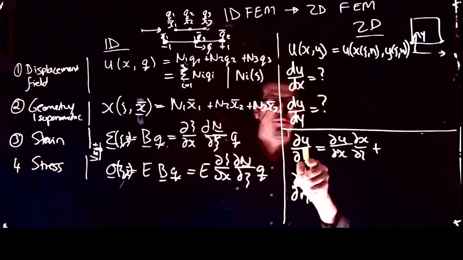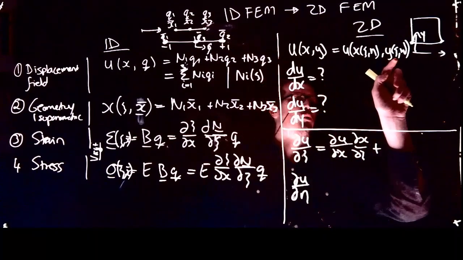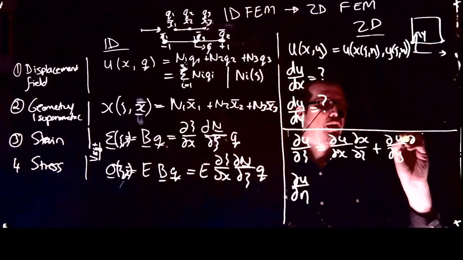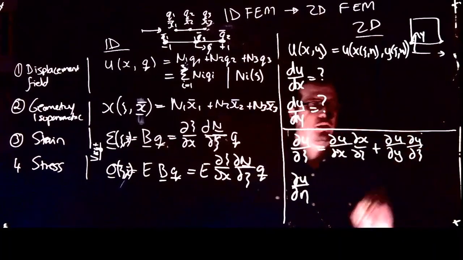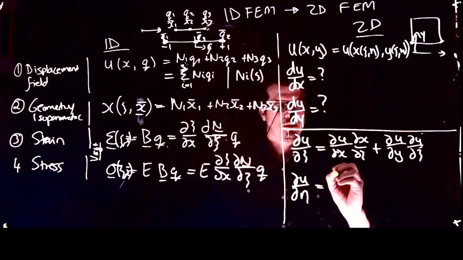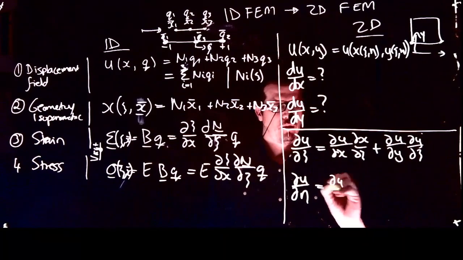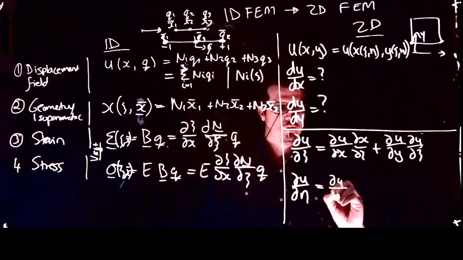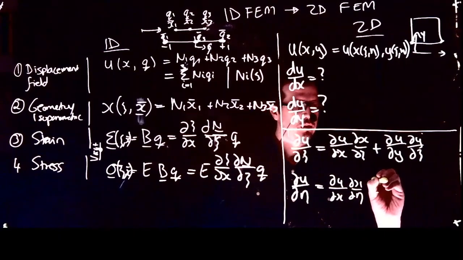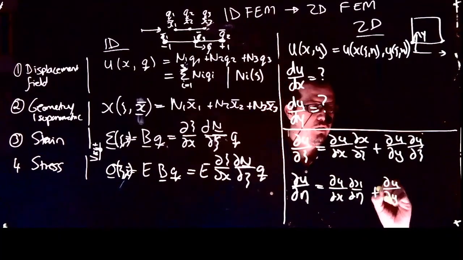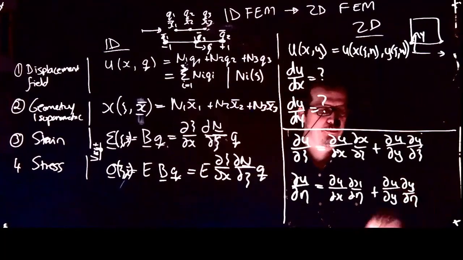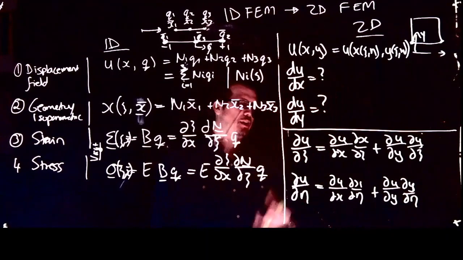So that is essentially how things vary with psi. And the same goes for eta: u with respect to x and x with respect to eta, plus u with respect to y and y with respect to eta. Beautiful. You see that? That's what I learned from this.